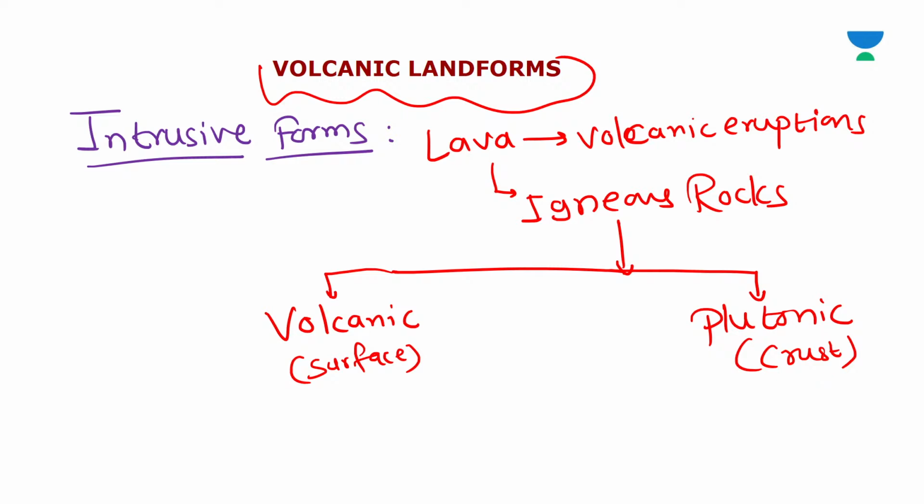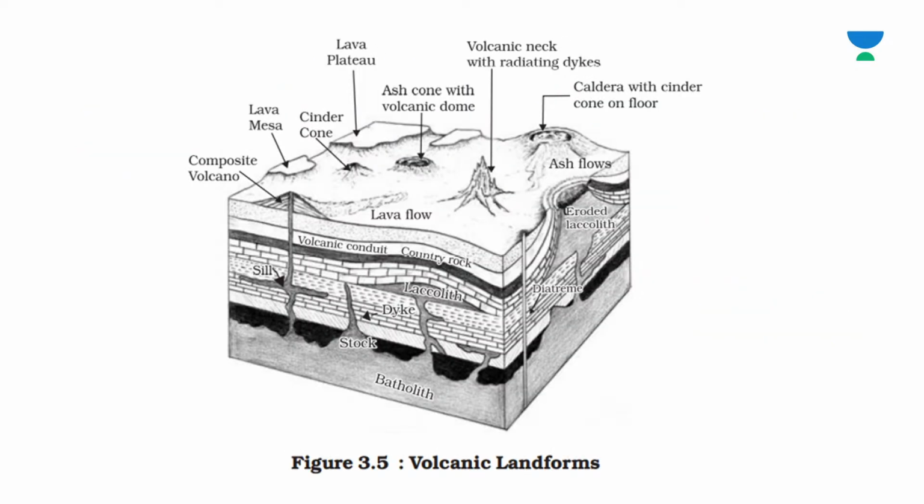Now friends, the lava that cools within the crustal portions assumes different forms, these forms are called intrusive forms, and some of the forms we will discuss in the diagram.